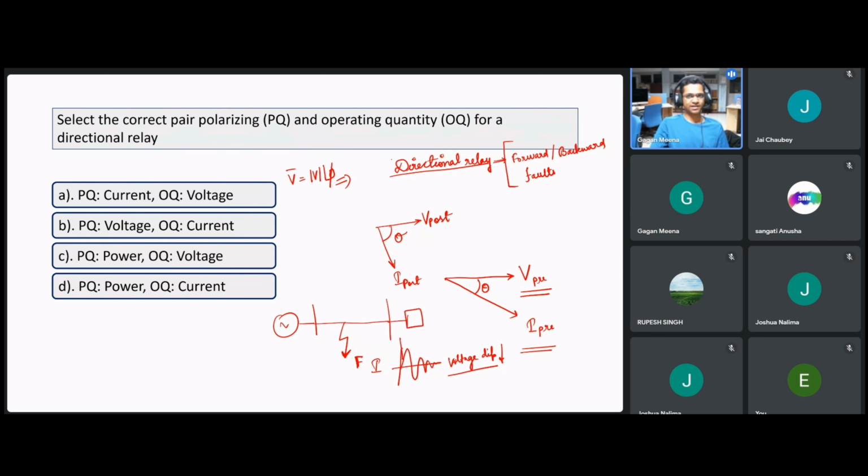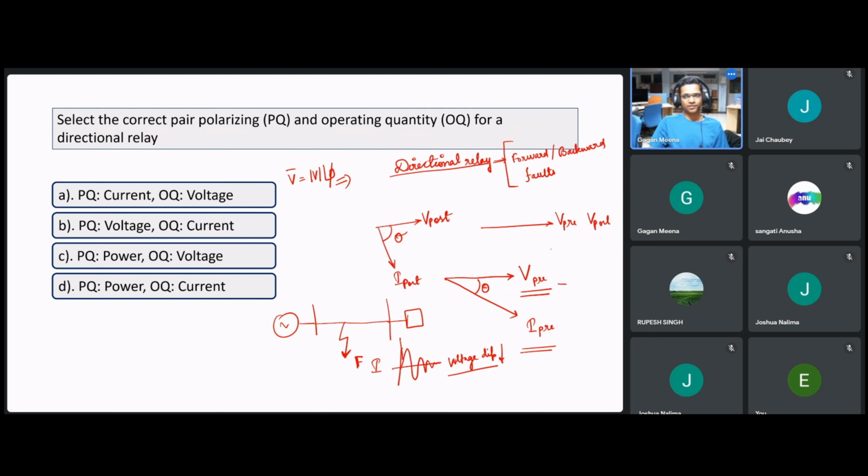Although its magnitude may change, since the directional relay is operating based upon phase, we are more concerned about phase. So we need to have one reference. So this is a pre and post. So the polarizing quantity is the reference quantity, we can say.